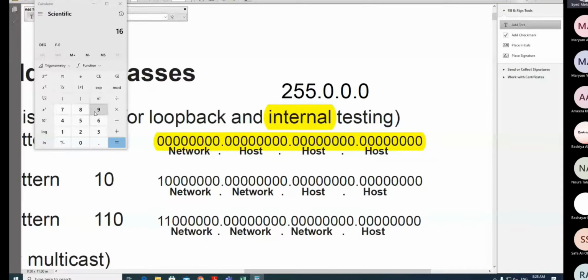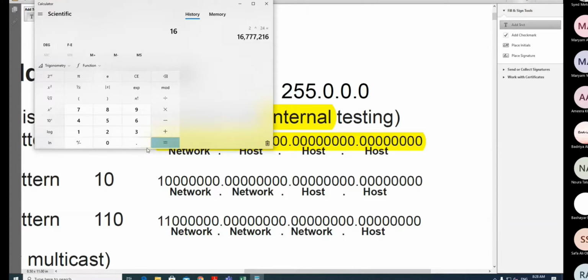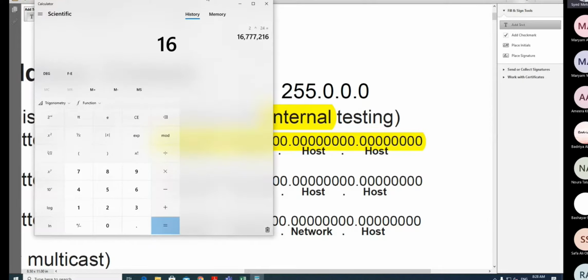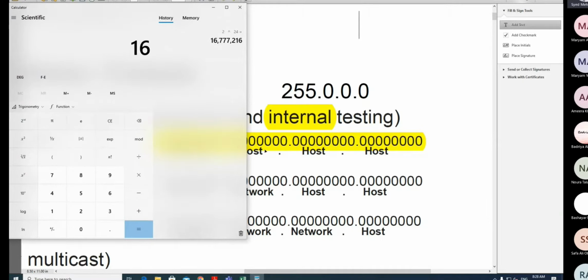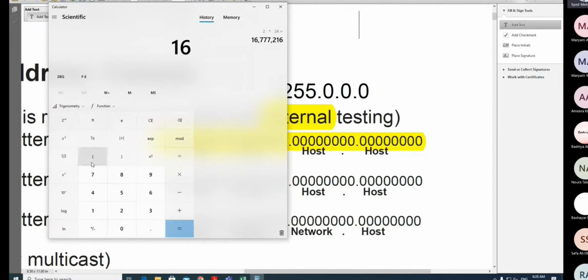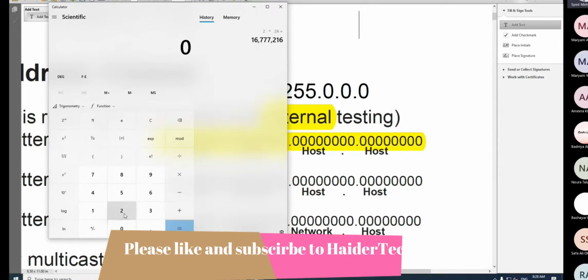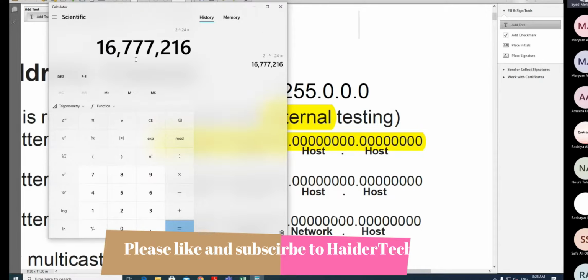Now see, the first 8 bits are for the network, 24 bits for the host. So how many hosts? 2 raised to the power 24, minus 2. It is always 2 to the power n minus 2.